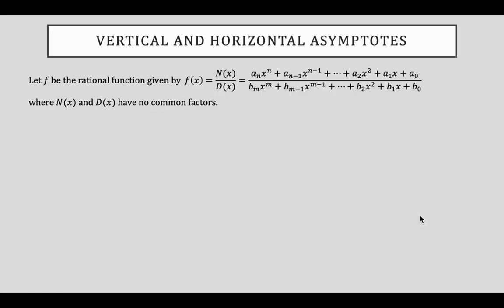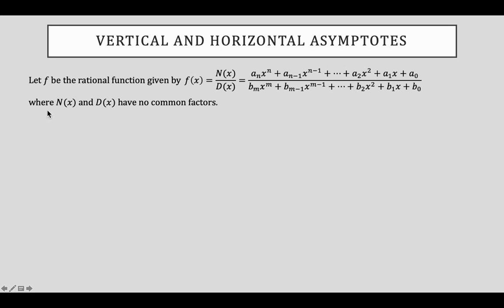So let's take a look now at finding vertical and horizontal asymptotes when we are given the function. Let f be a rational function given by f of x is equal to n of x divided by d of x. Again, a rational function is a polynomial divided by another polynomial. All right.